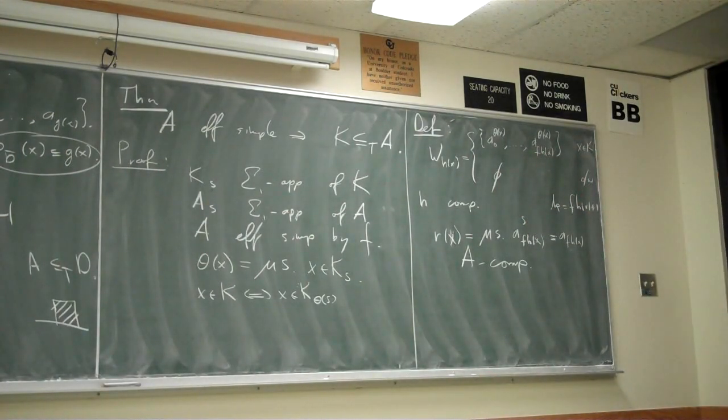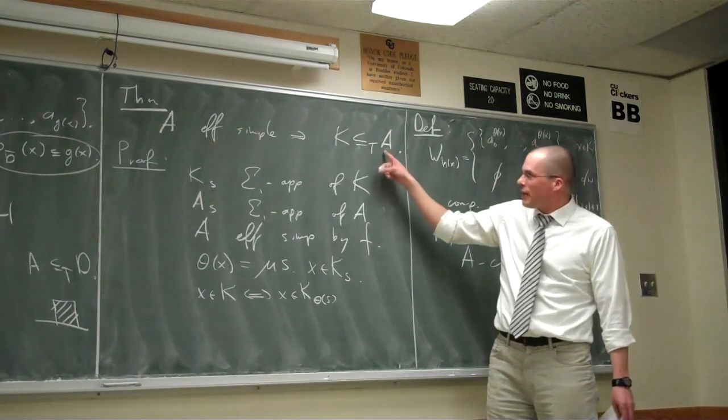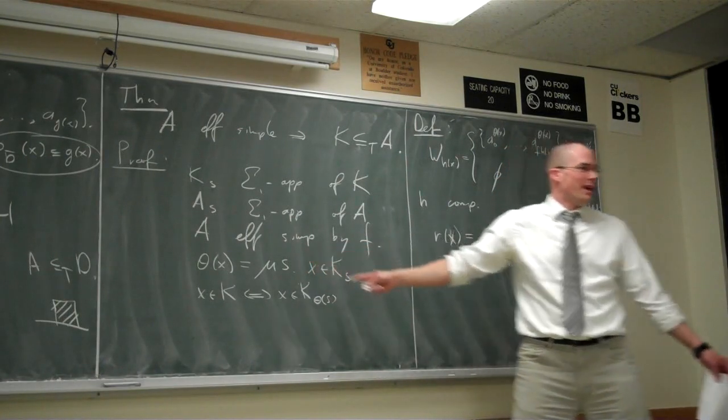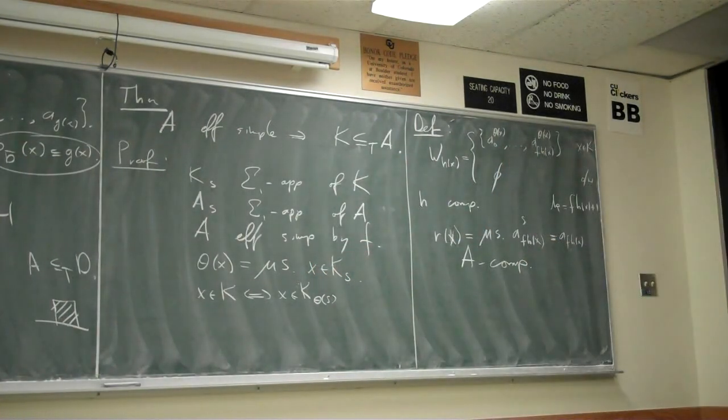So now, of course, comes the claim. As explained, I'm looking for an A-computable function which dominates theta, and I just derived an A-computable function, so it better dominate theta.